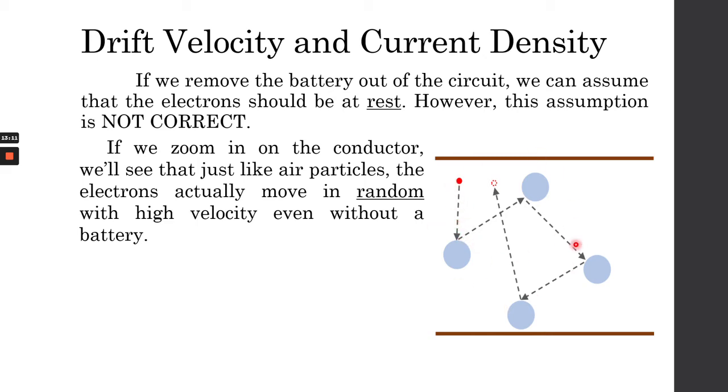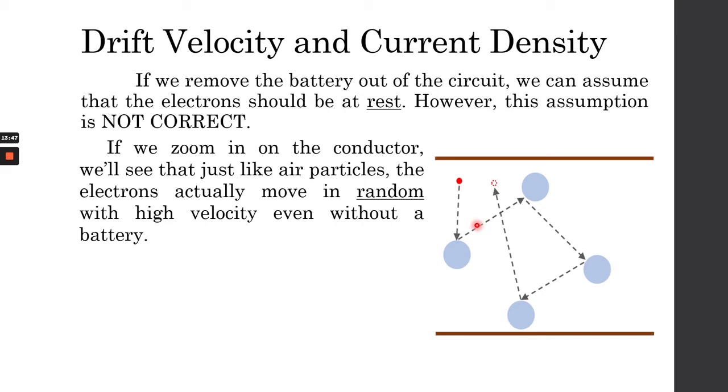So if, for example, we have our electron right here, this red dot, let's say it moves going this way, and it collides with a positive ion, and it bounces this way, goes this way, and bounces back until it reaches this point. So when there is no battery inside our conductor, the electrons move randomly, they keep moving.